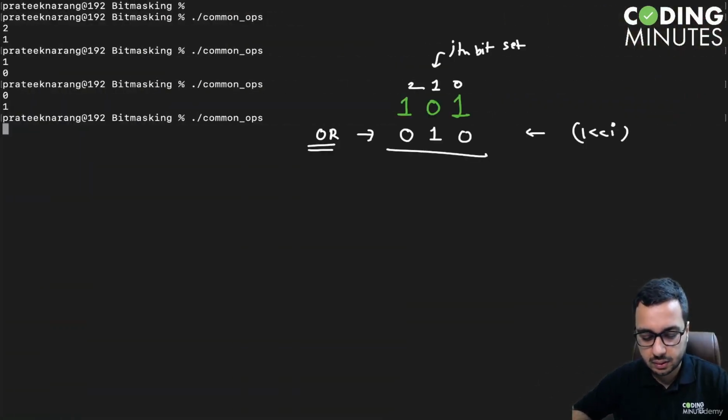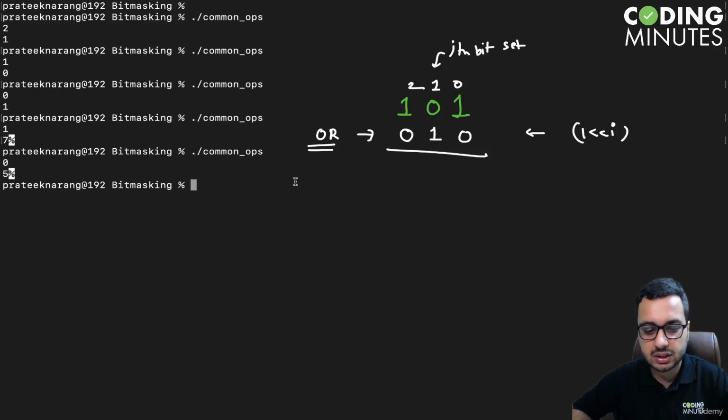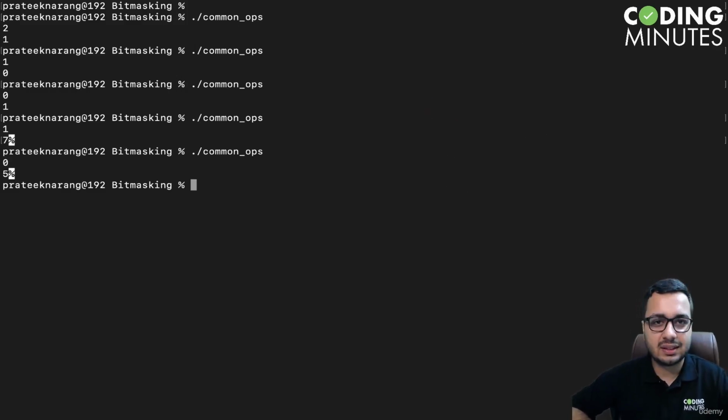Let us set the first bit. You can see after setting the first bit, the result is 7, which is fine. If I set the 0th bit, then the result will not change because that bit is already set in 5. That's how it is going to work. So we are getting this number 111 by setting the ith bit as 1. That's it. See you in the next lecture.